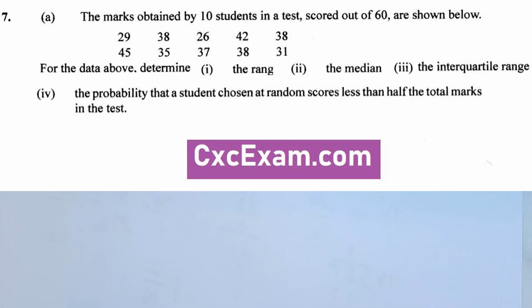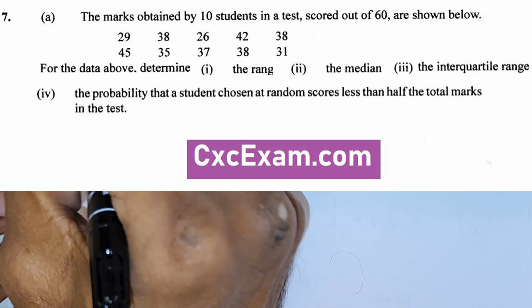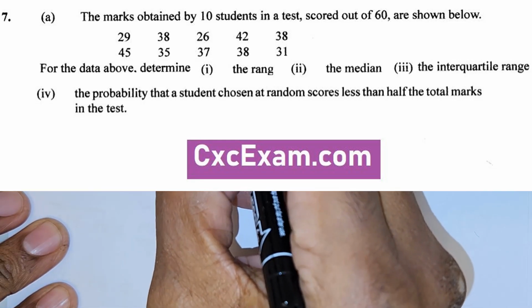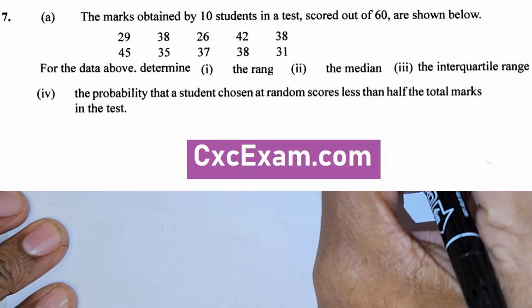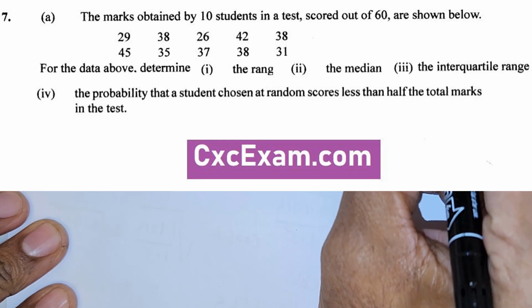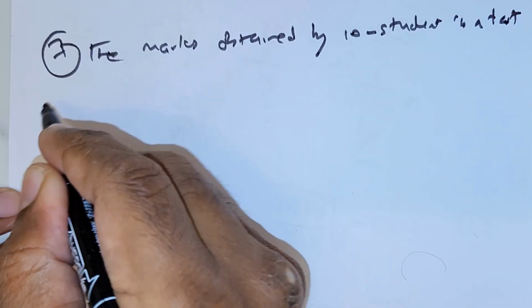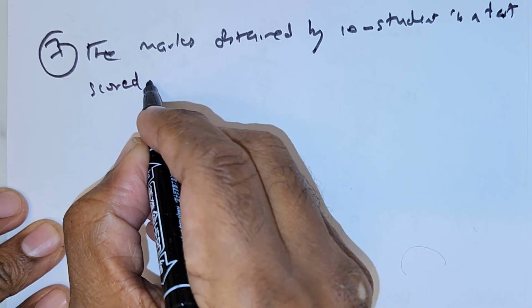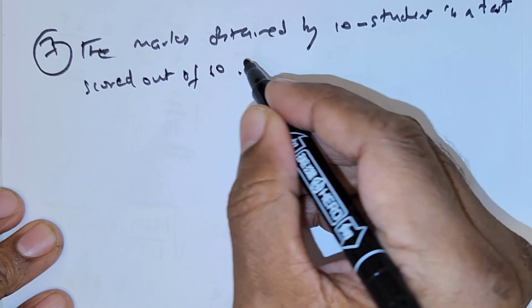So this is question number 7. It says the marks obtained by 10 students in a test scored out of 60 is given as follows.